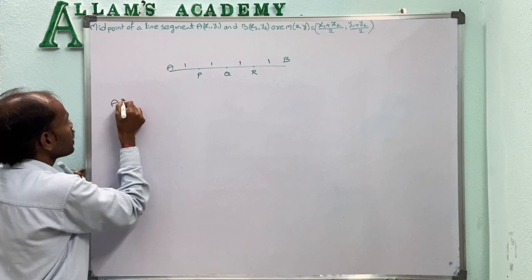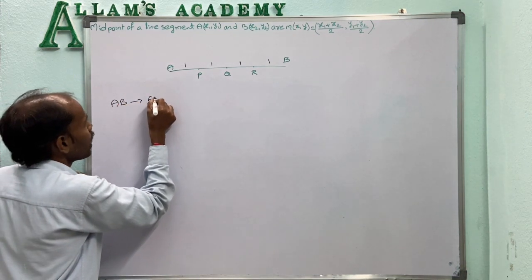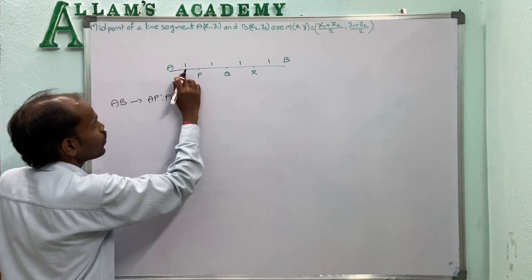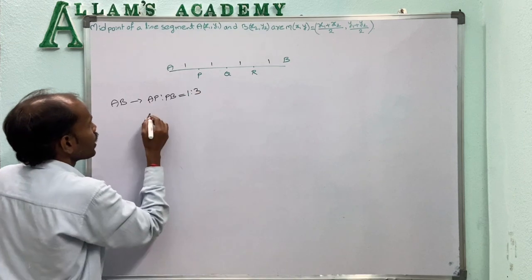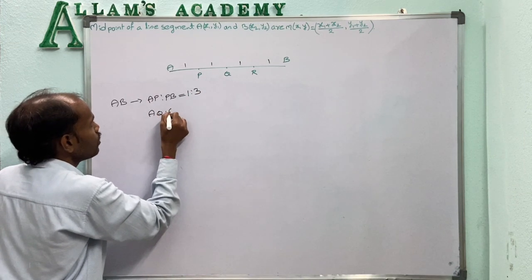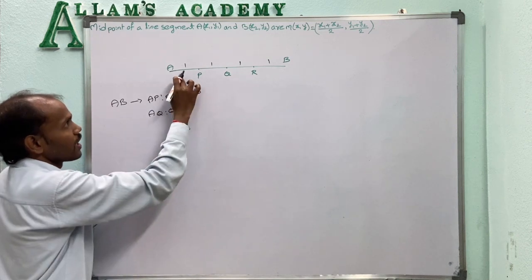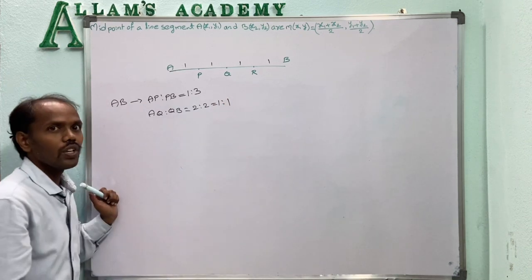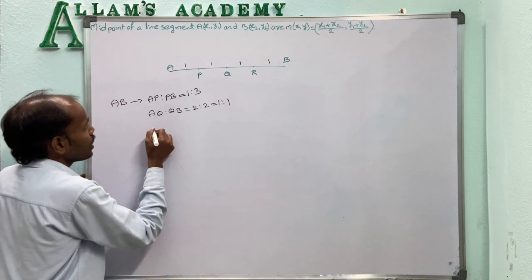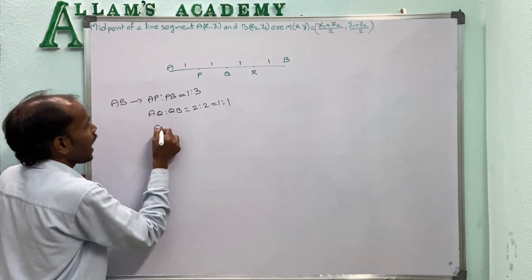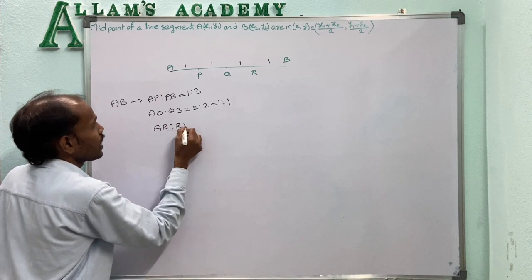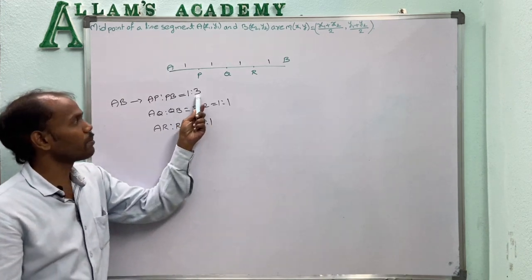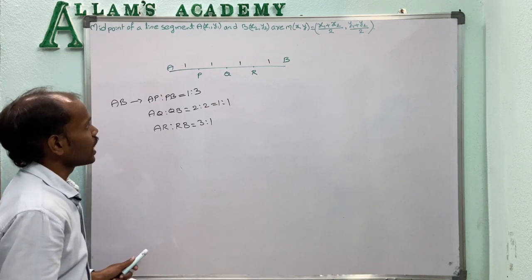Now the ratio AQ to QB is 2:2, which is nothing but 1:1. And the ratio AR to RB is 3:1. So here it is divided into 4 equal parts.